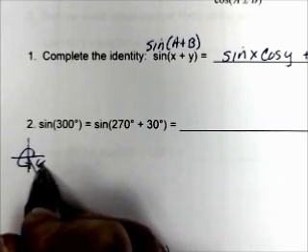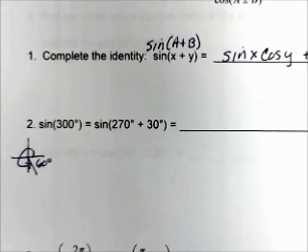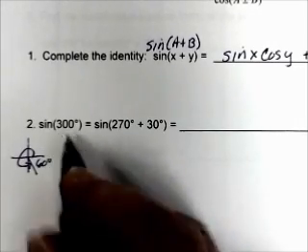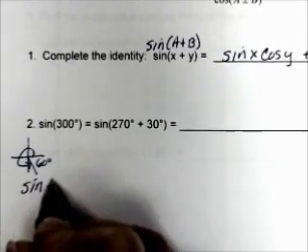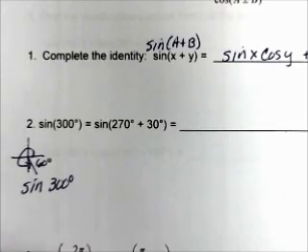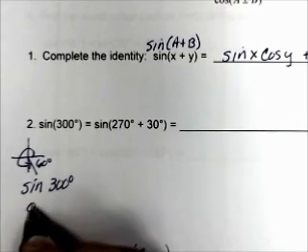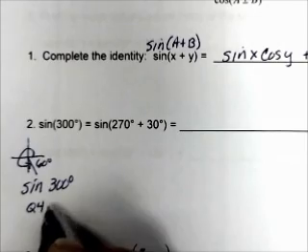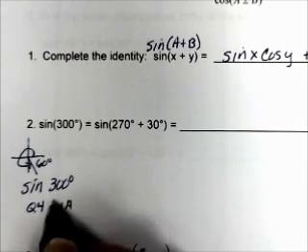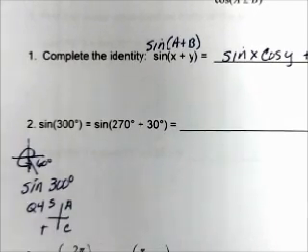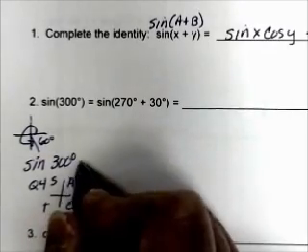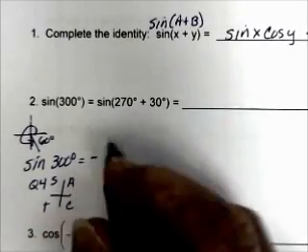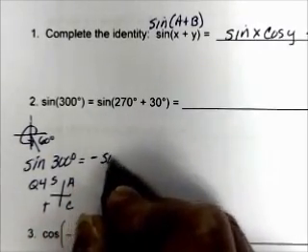The reference angle is 60. The 300 degree angle is in quadrant 4, where sine is negative, right? All Students Take Chemistry. Sine is negative. So this would be equivalent to negative sine 60.